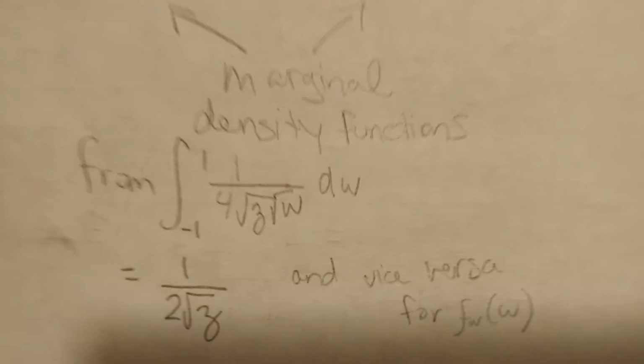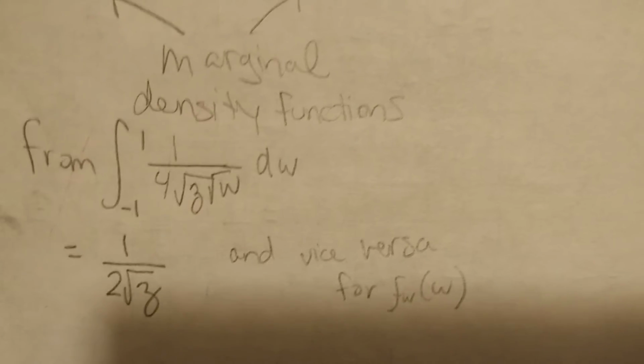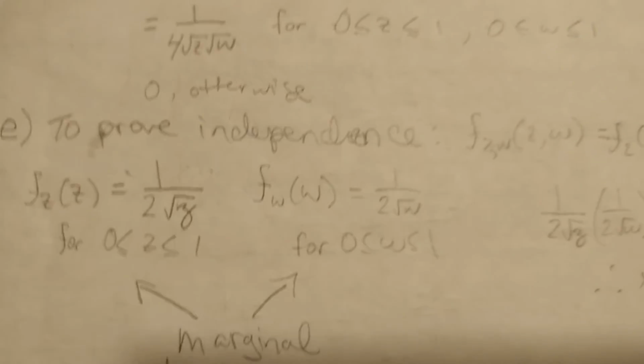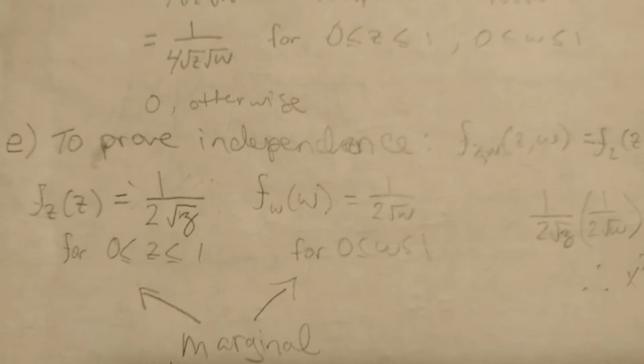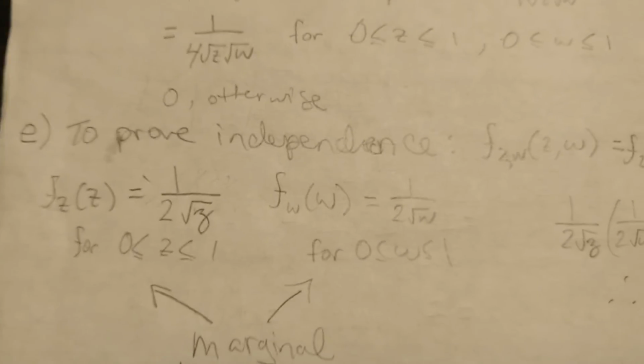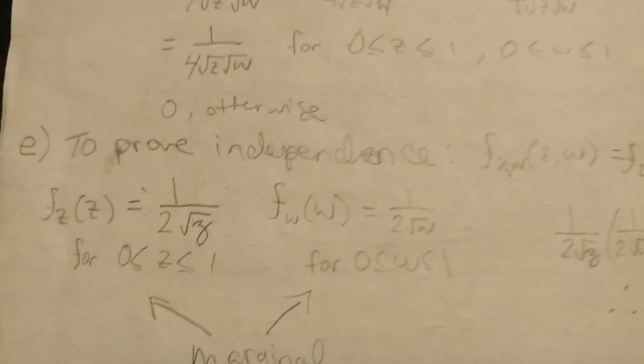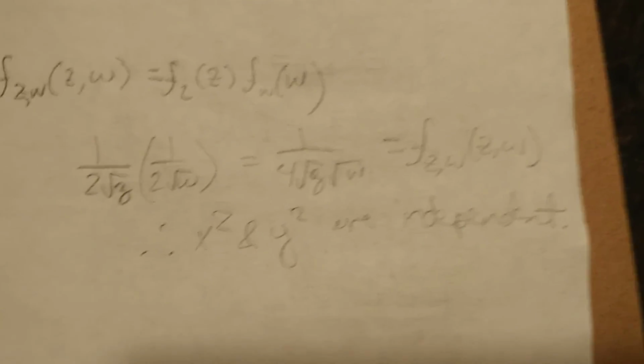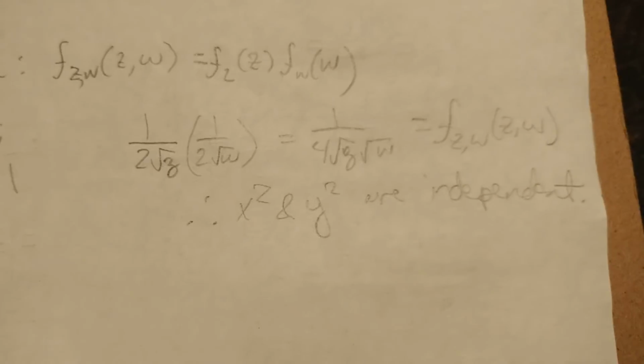When you do the same thing for f_W(w), you end up with 1 over 2 root w. Those are our 2 marginal density functions, and if they're independent, those multiplied together should give us what we have here, 1 over 4 root z root w, and of course it does. So therefore X squared and Y squared are independent, and that's the answer for question 1.